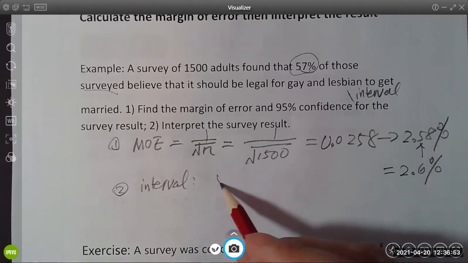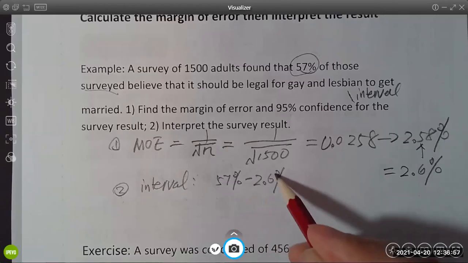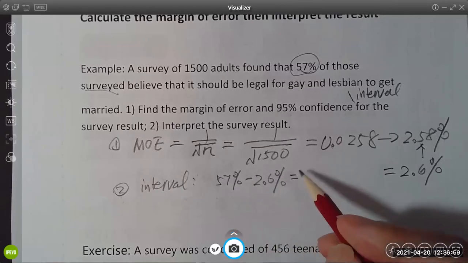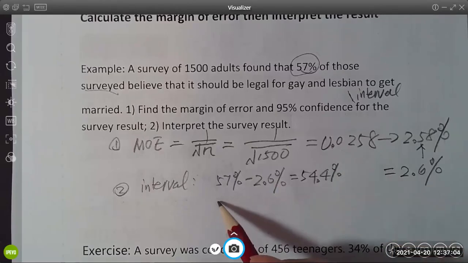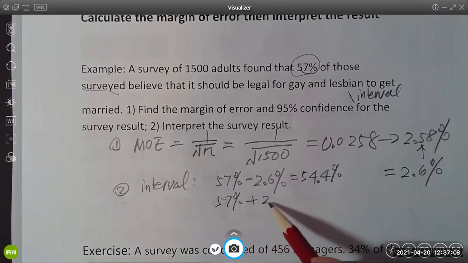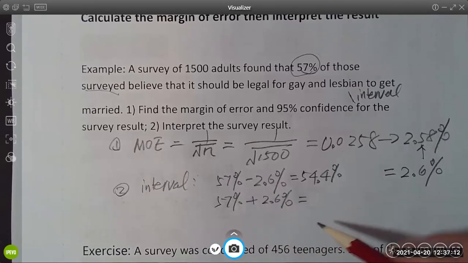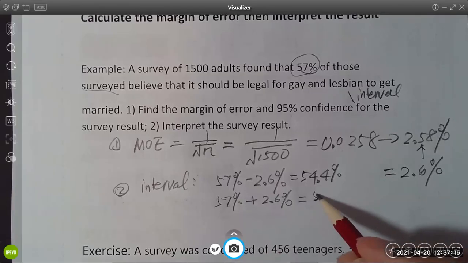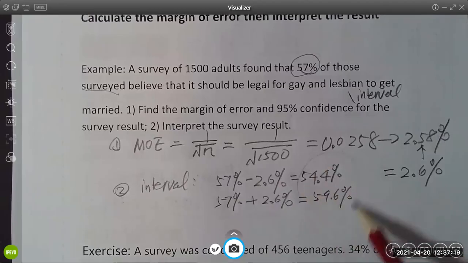So we use 57%, subtract 2.6 to get the lower end of the bracket, which is 54.4%. And we use this statistic plus 2.6% to get the upper end of the bracket. This is 59.6%. So we have this bracket from 54.4% to 59.6%.